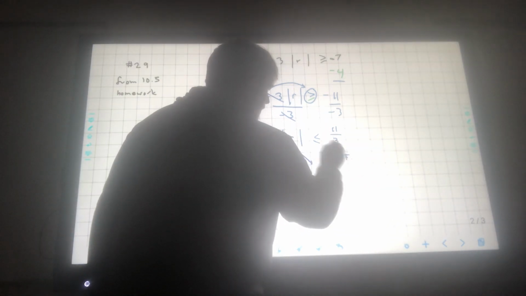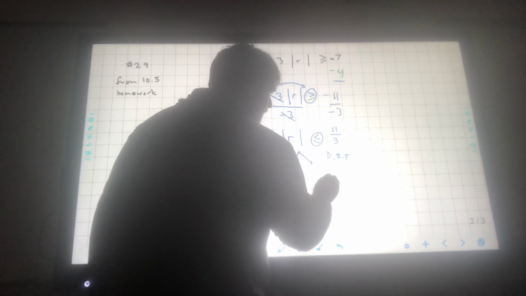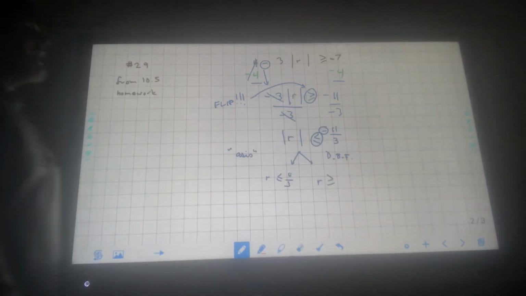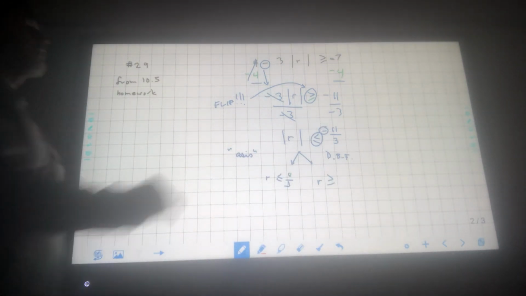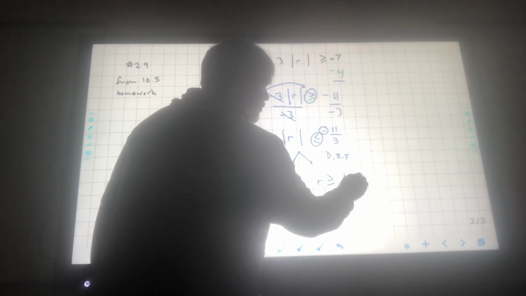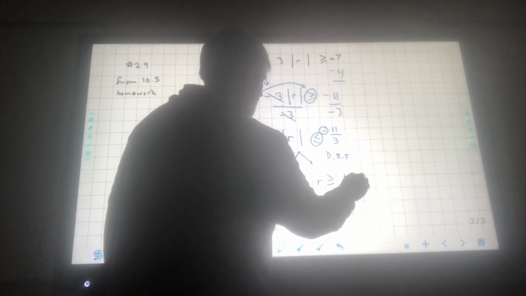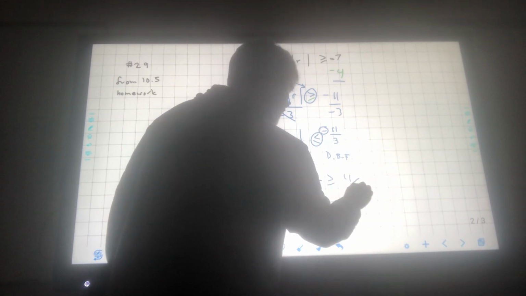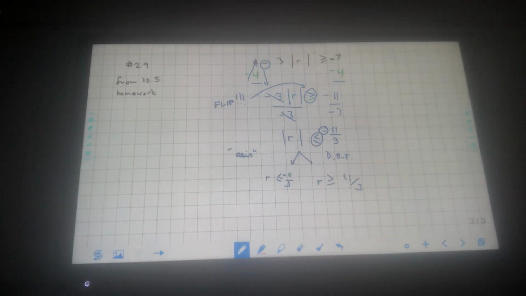What does that mean? Flip the direction of the sign, so it's greater than or equal to. Change the sign. So flip the direction of the inequality, change the sign. So r is less than or equal to -11/3, or r is greater than or equal to 11/3.